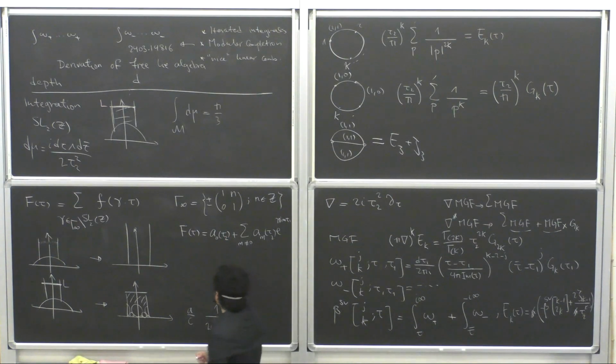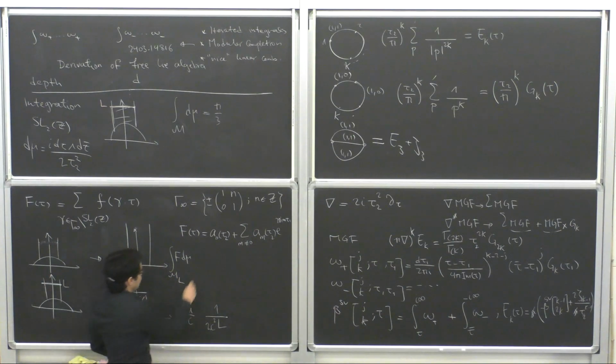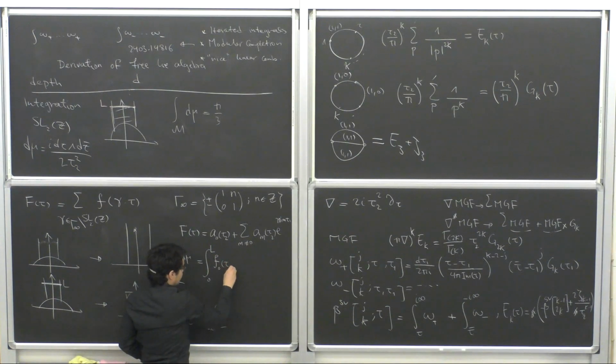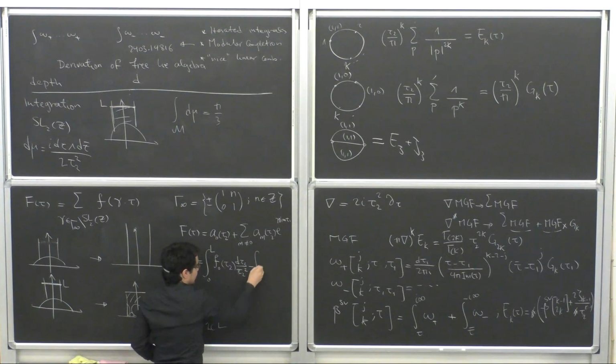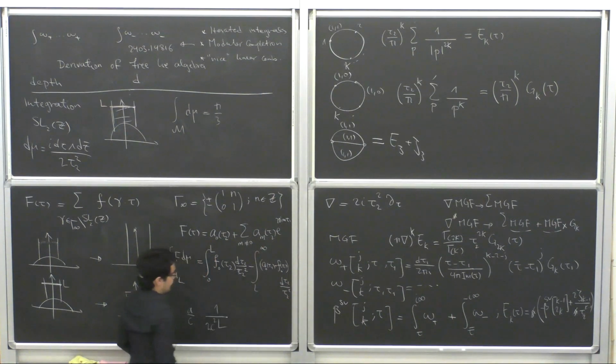Then the integral over the fundamental domain with a cutoff is this, 0 to L, tau 2 d tau 2, minus the other term.